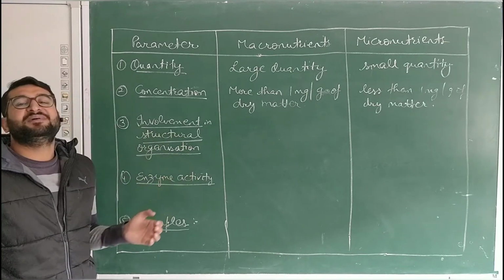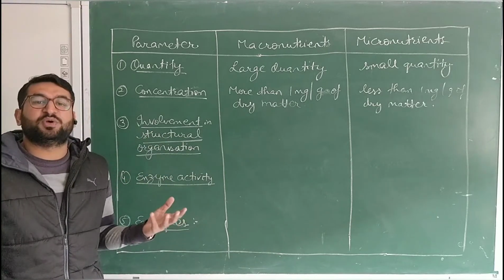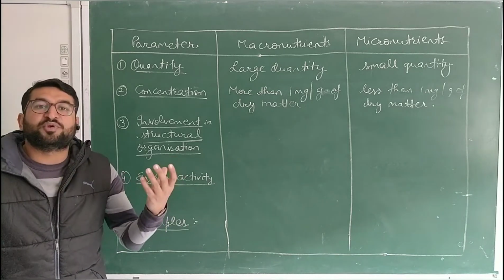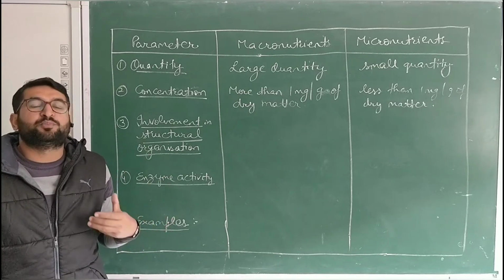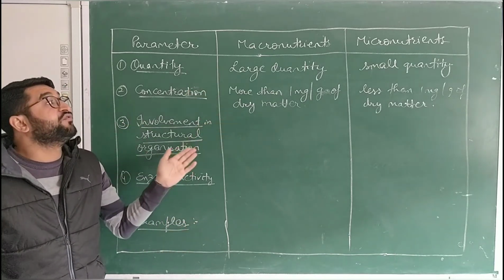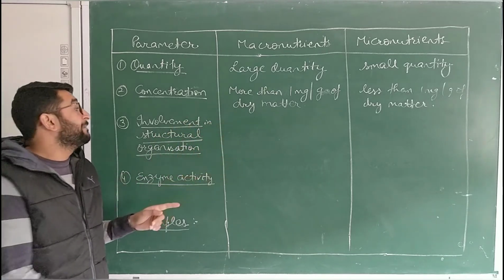Next, involvement in the structural organization. What do you mean by structural organization? In the formation of various structural components like plasma membrane, protoplasmic structure, cell organelles, whether these nutrients are involved or not.